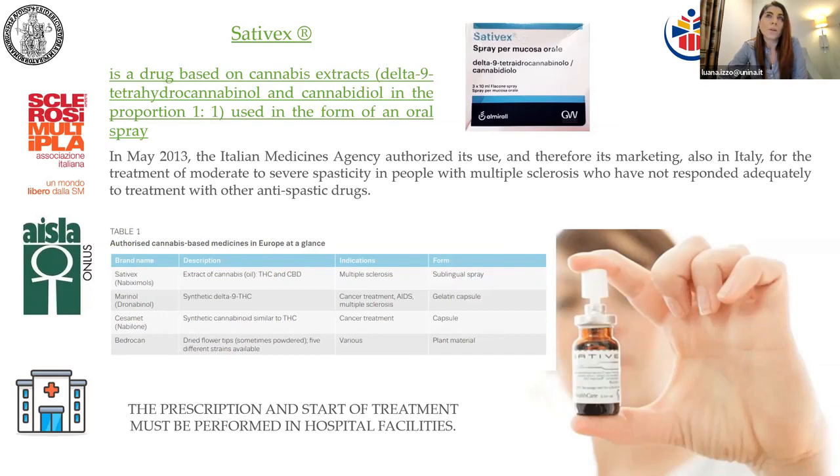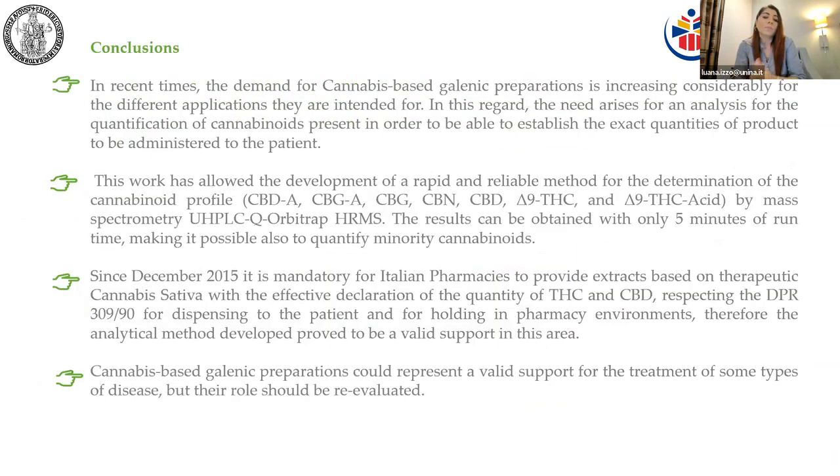The content of each one of these two compounds is 2.5 milligrams of THC and 2.5 milligrams of CBD. This particular prescription is subject to a stringent regulation. In fact, this treatment must be performed in hospital.